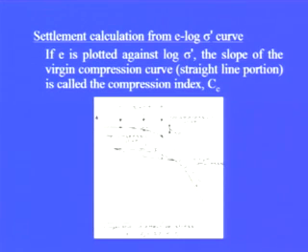Now it is possible that after a particular stress has reached, we can unload this and we allow this soil to expand, and that expansion curve is shown by this line. It can be seen from here that it does not follow the path of the compression curve. So this is the expansion line. There will always be permanent displacements or deformations which take place due to readjustment of the particles.